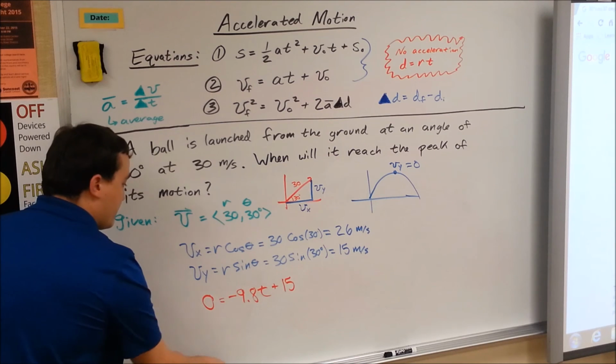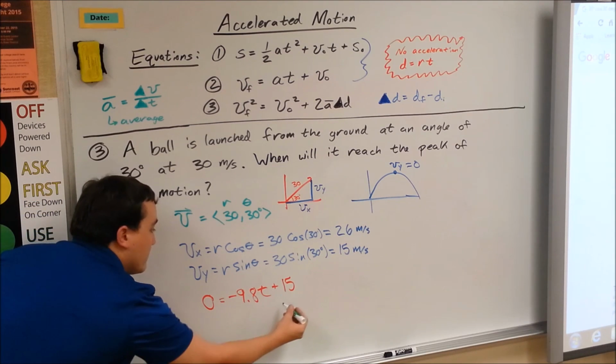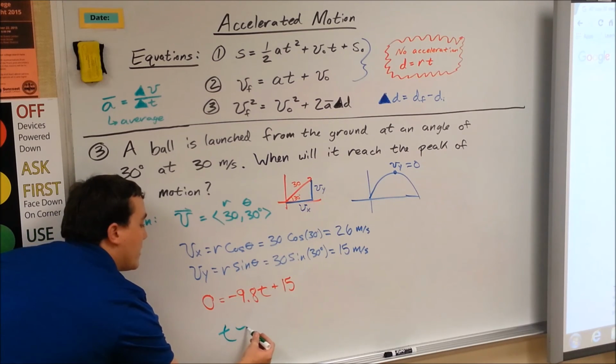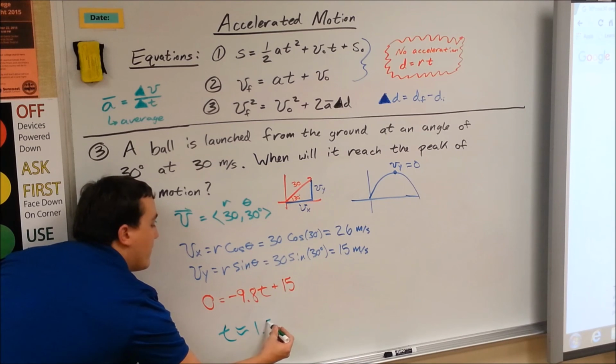So we solve this equation, subtract 15 and then divide by negative 9.8. t is going to be about 1.5 seconds.